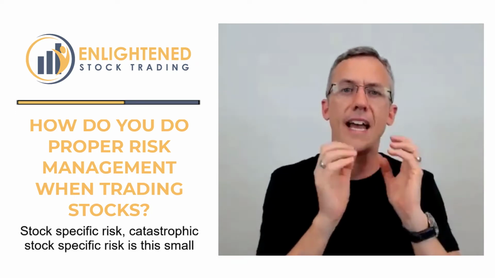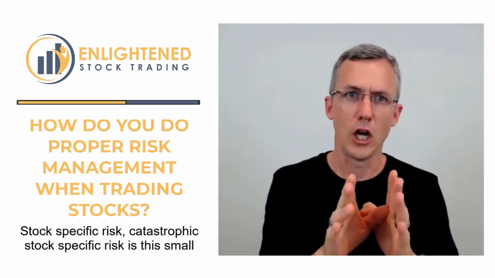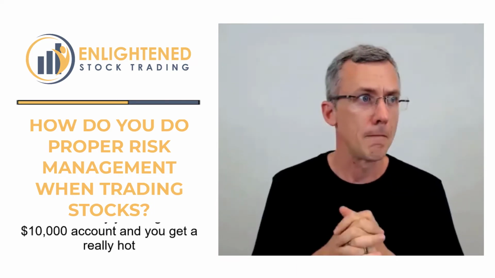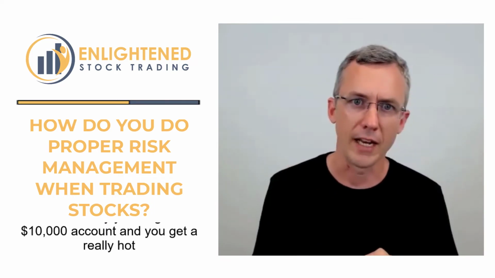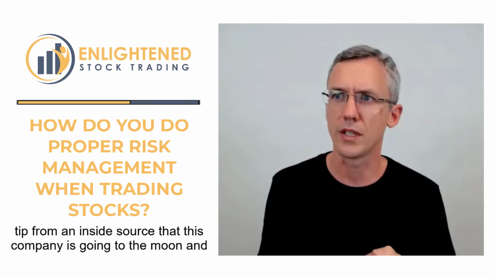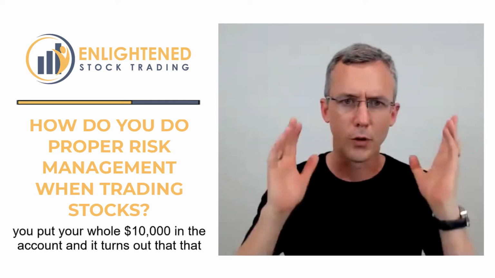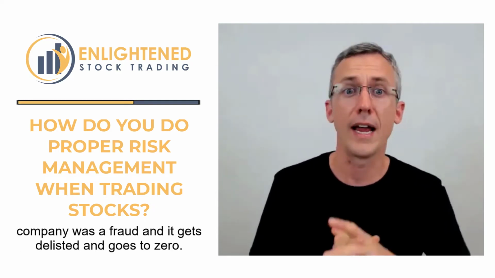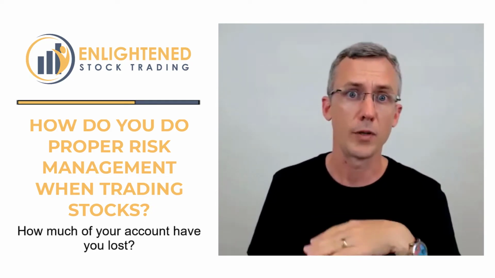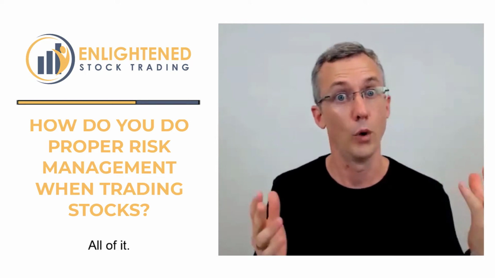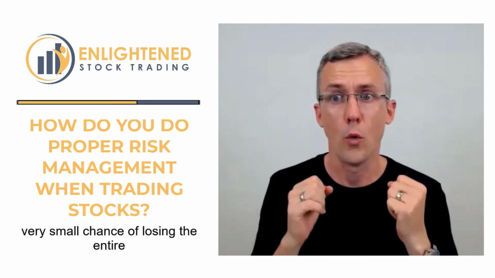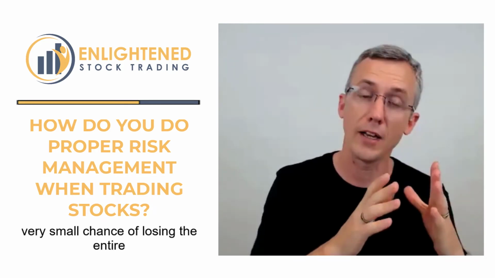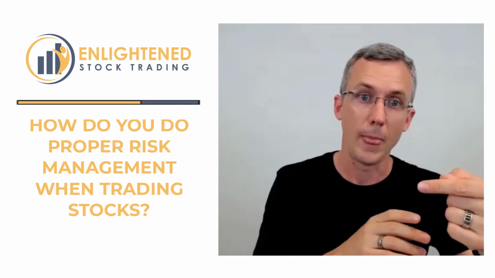Catastrophic stock-specific risk is this small chance that something extreme could go wrong. Let's say you've got a $10,000 account and you get a really hot tip from an inside source that this company is going to the moon, and you put your whole $10,000 in, and it turns out that the company was a fraud and it gets delisted and goes to zero. How much of your account have you lost? All of it. So we have to think about the very small chance of losing the entire investment in a stock.